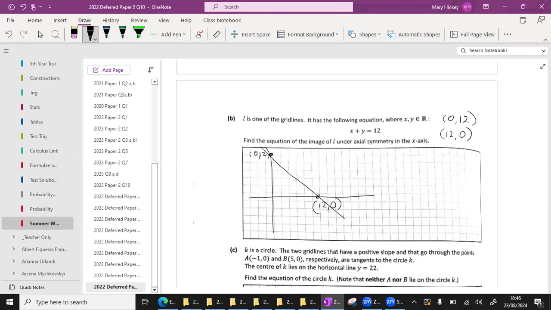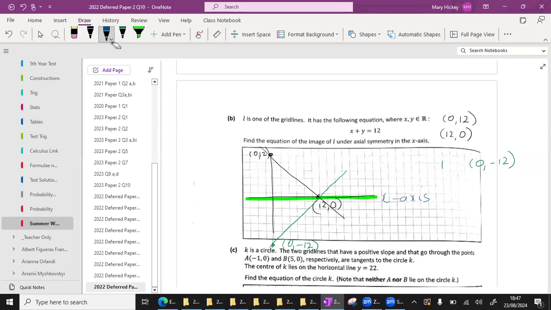So if I was looking for the image under axial symmetry in the x-axis, the x-axis is acting as our kind of mirror. If I was reflecting it in the x-axis, it would end up being like that. So this would become (0, -12), and the slope would end up being +1, because it's an upward line at that stage.